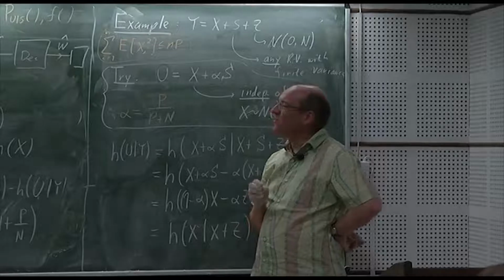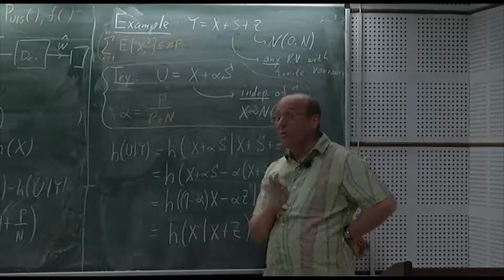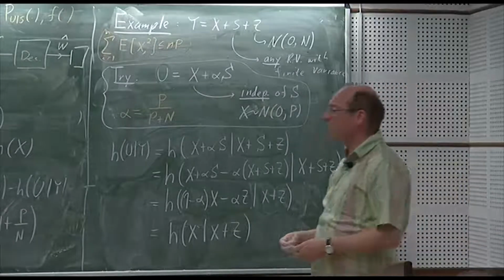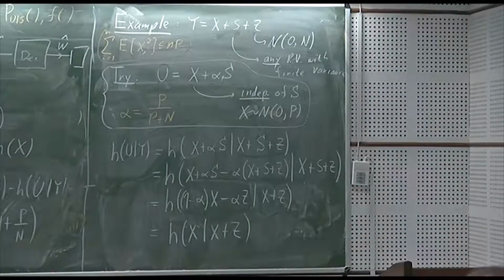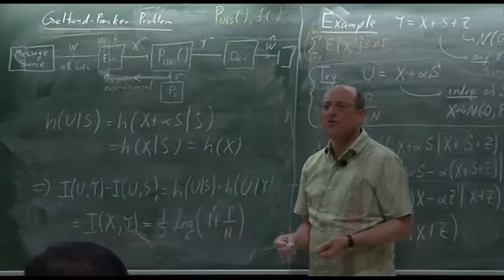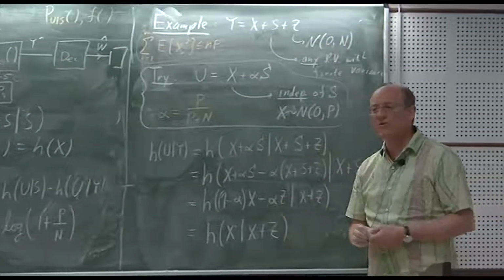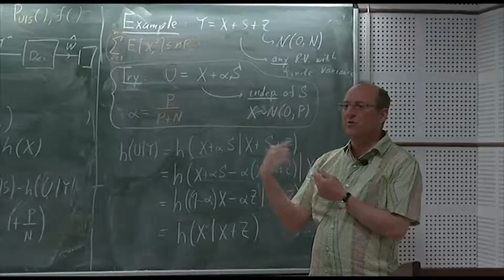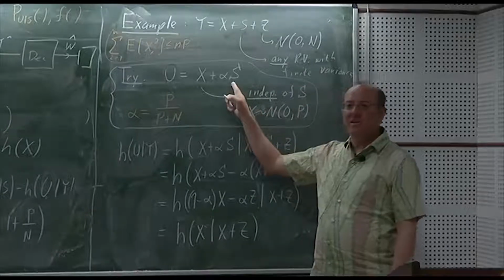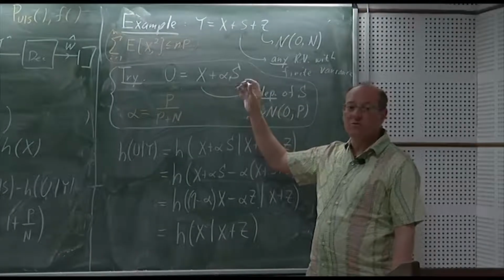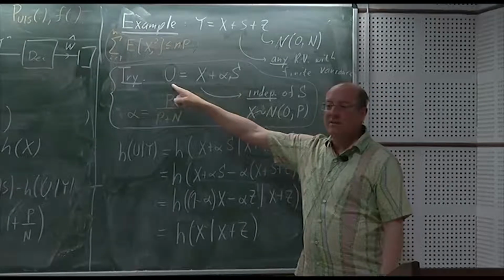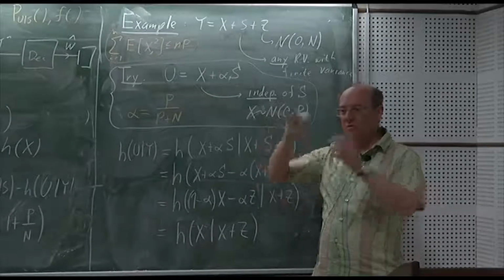It turns out that one way, which seems to be, in my opinion, the most practical way of dealing with this problem, is something very closely related to Tomlinson-Harashima precoding, where you have a modulo operation. If we could somehow modulo out the S, then you can keep the dynamic range of the U's in reasonable form.